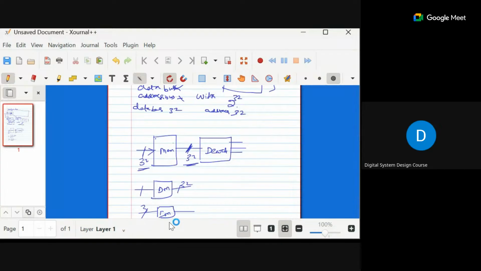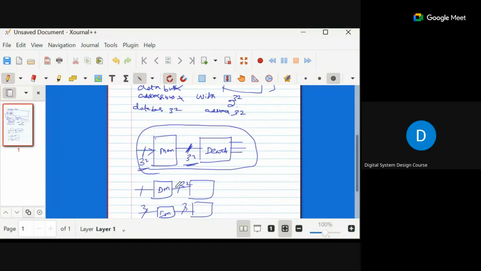Okay, for this particular decoder, I need a separate decoder, a special separate decoder because it only has a 3-bit line. But in this case, I don't want a separate decoder. The only thing is I want to distinguish that I'm taking some value from this particular part, which I call an instruction, or I can call it data.